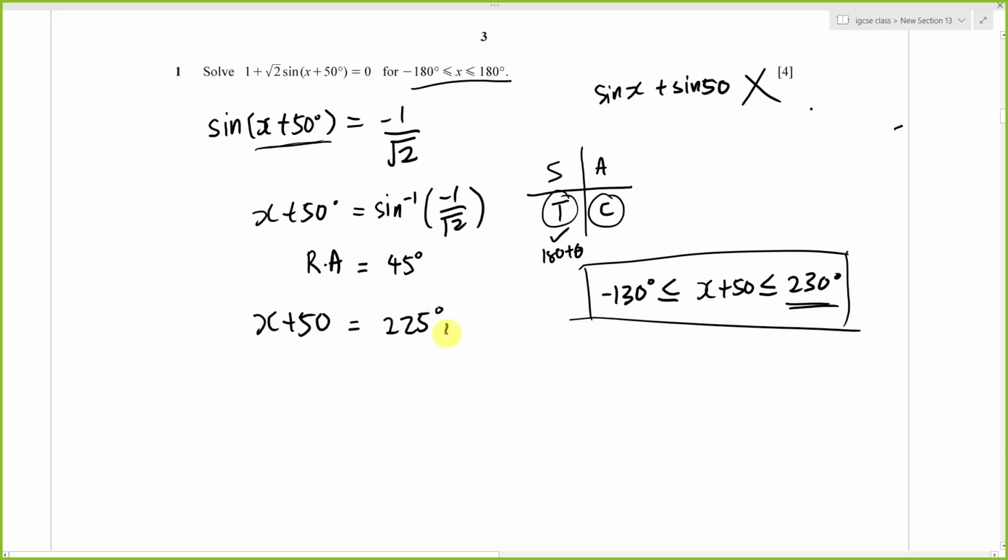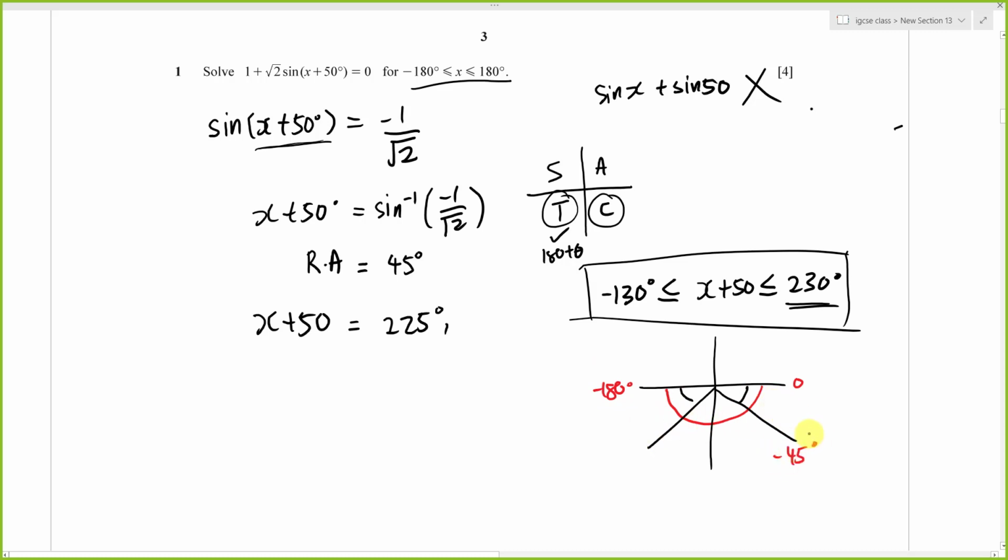Okay, then we go to the negative angle. For negative angle, this quadrant and this quadrant we also need to take, right? Because if you know about negative 180, this is 0, all the way here to negative 180. So we need to take these two angles. The first one is very easy, negative 45.